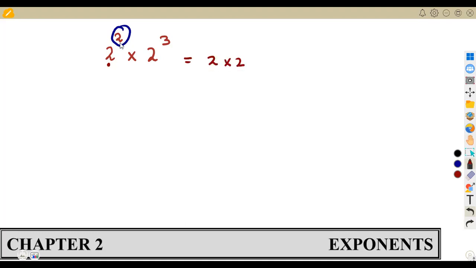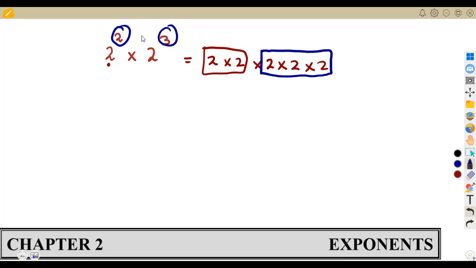Then we go on to this one that is multiplying itself 3 times, so we have this multiplying itself 3 times, times 2, times 2. The first one was multiplying itself 2 times. The second one is multiplying itself 3 times, as we are given here.